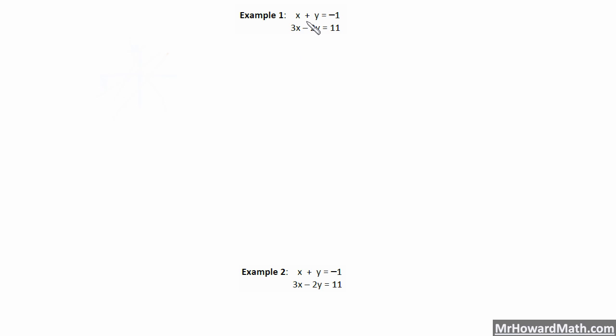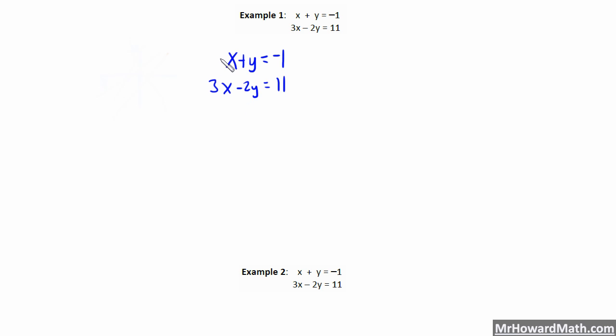So in this case, I'm going to write the 2 lines, x plus y equals -1 and 3x minus 2y equals 11. We have multiple options here. Remember, the coefficient in front of the x or y term would need to be the same, but the sign would need to be opposite in order to cancel them out.